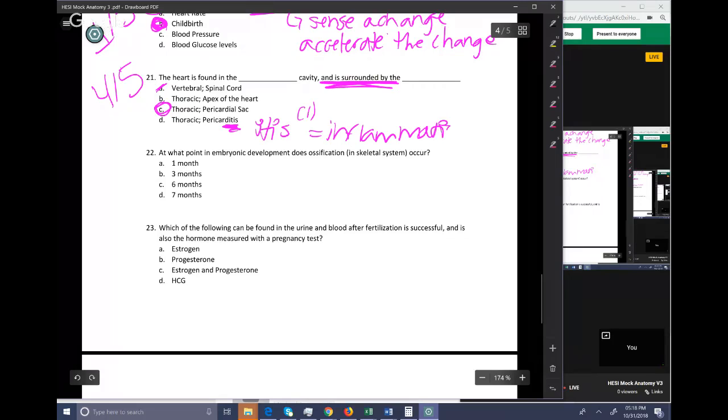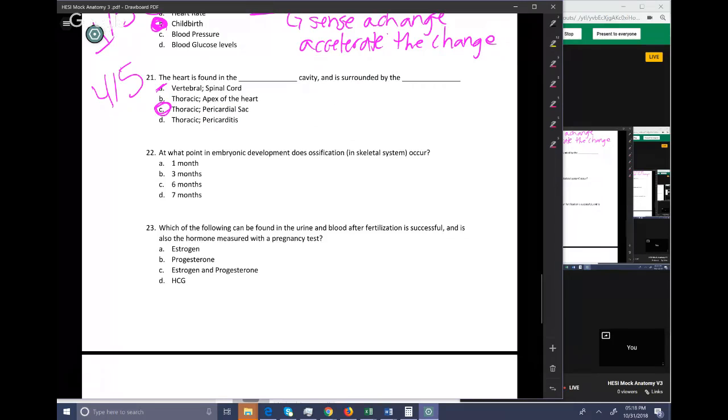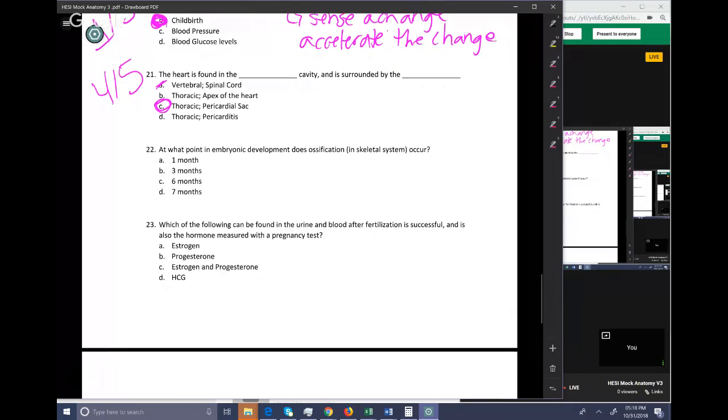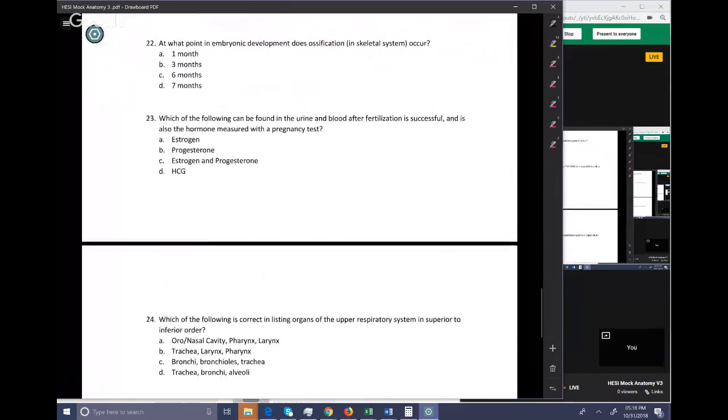So that would actually mean inflammation of that sac. But we're not going for an action like inflammation. We're going for what is the sac in the first place. So that will make that one C. You may have gotten to that because you knew all of that. And if you didn't, hopefully the wordings and the cavity and whatever else you did have a good knowledge of got you around to the right answer.